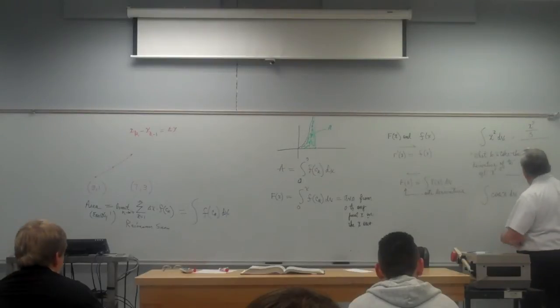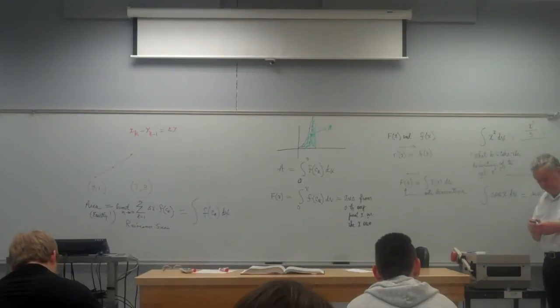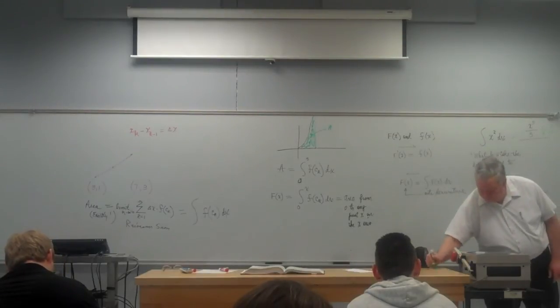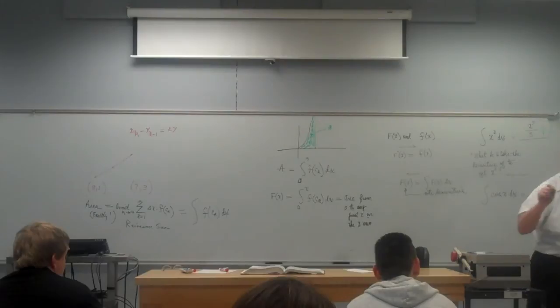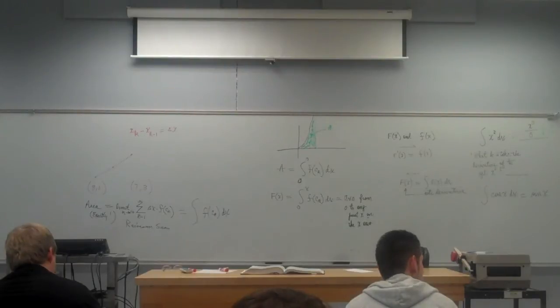Well, what would happen if I had here plus 2? My question is to you, would that work? No. It would, wouldn't it? Because when you take the derivative of the 2, you get 0, and you wind up with x squared.